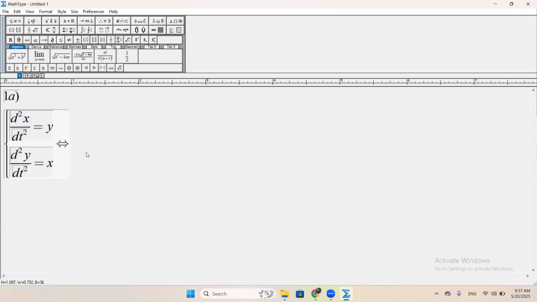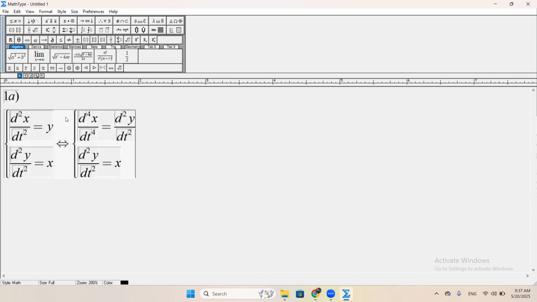So differentiating the first equation. If I differentiate the first equation twice, I will receive the following. So d4x by dt 4 times equals the second derivative of y. So I received the following differential equation.